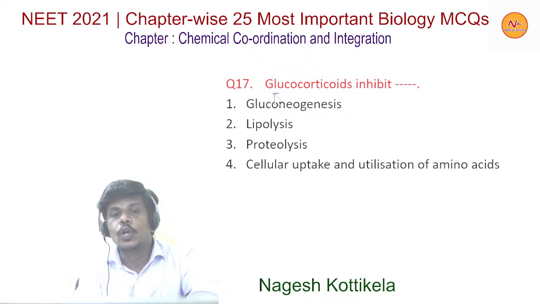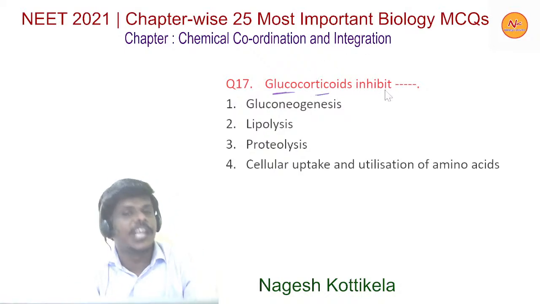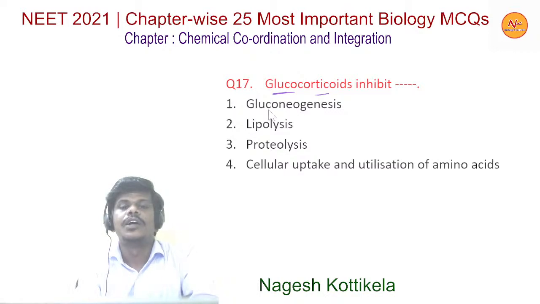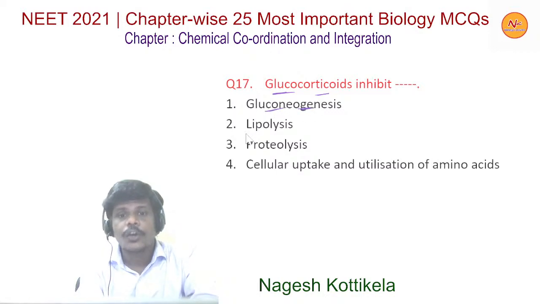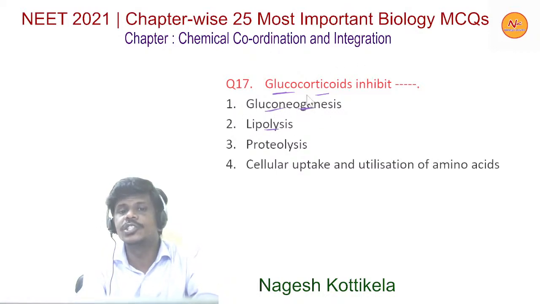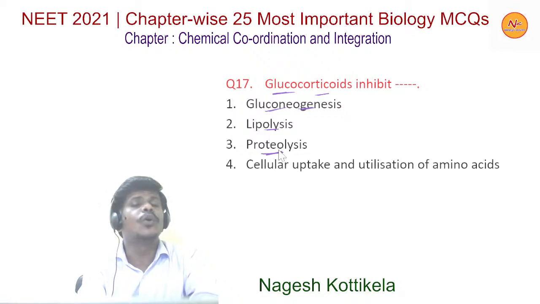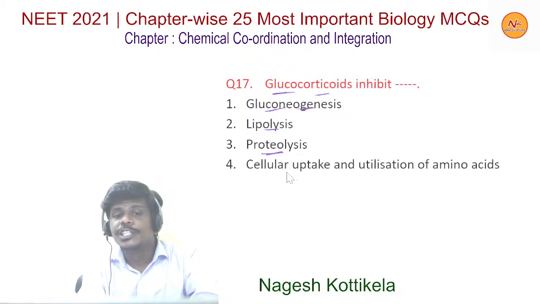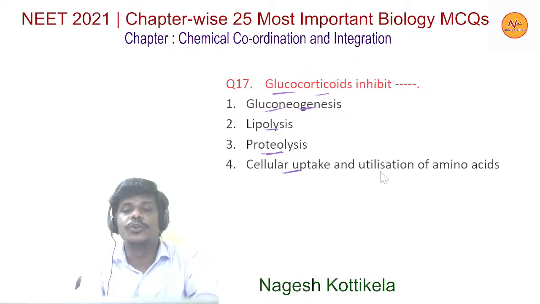Glucocorticoids inhibit, option 1, gluconeogenesis. Option 2, lipolysis. Option 3, proteolysis. And option 4, cellular uptake and utilization of amino acids.